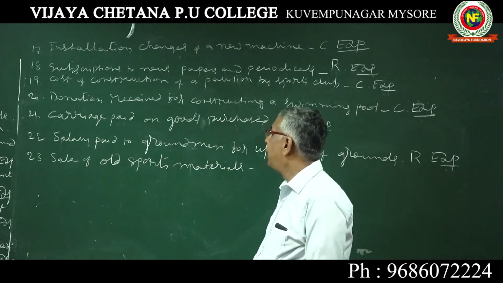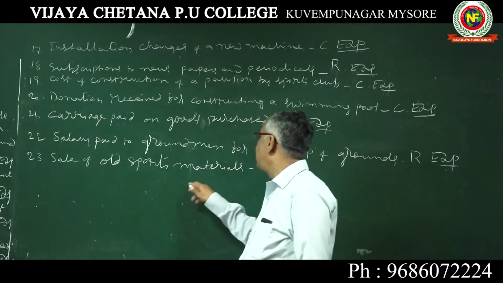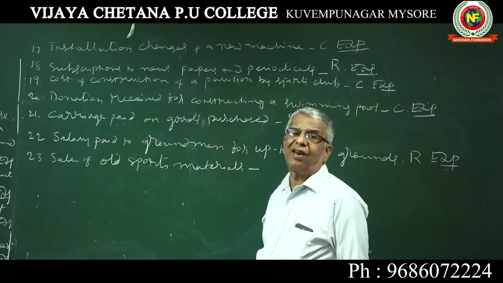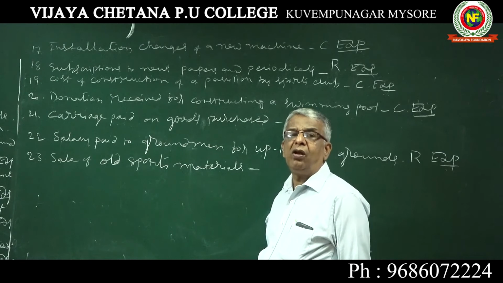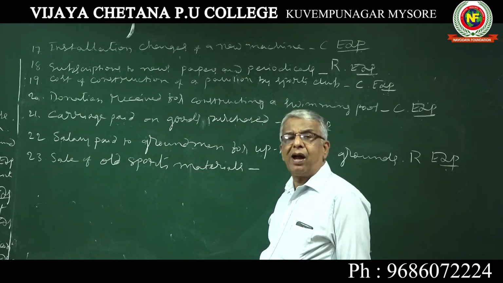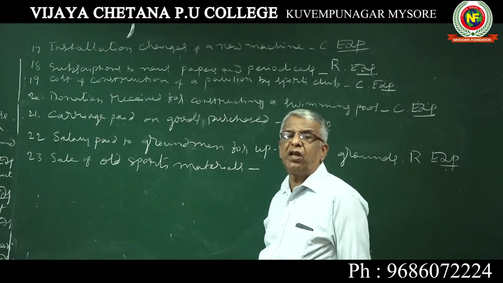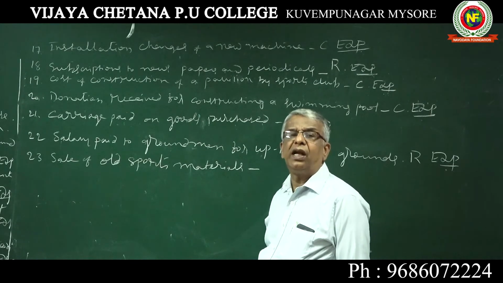So at the year end, whatever amount is received on sale of old sports materials is recurring in nature. Instead of keeping these old tennis balls, cricket balls, bats, and other old sports materials, nets, etc., they sell all of them at the end of the year.